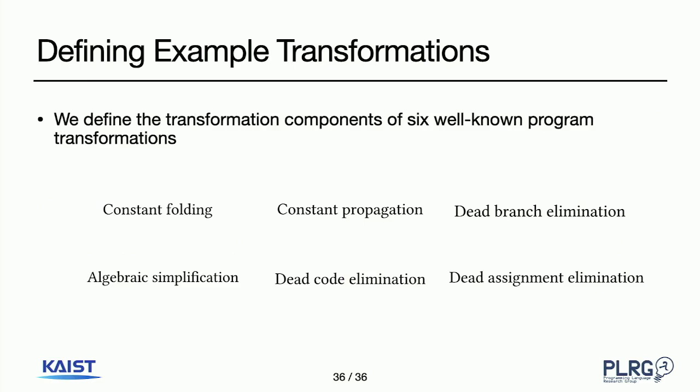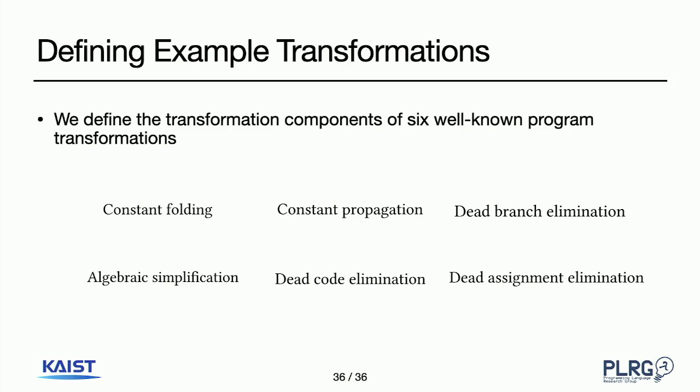To show the feasibility of our work, we define the transformation components of 6 well-known program transformations, and define and prove the correctness argument for these 6 kinds of transformation. For all 6 transformations, we define and prove the base case manually.